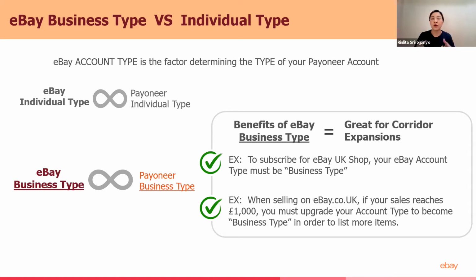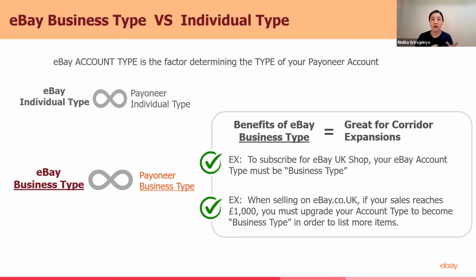You can go into your eBay account info and check your own account type, whether it is individual or business. And then this eBay account type determines what type of Payoneer account you can link it with.